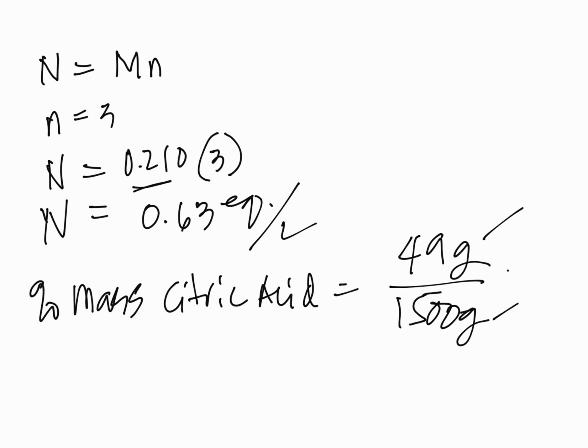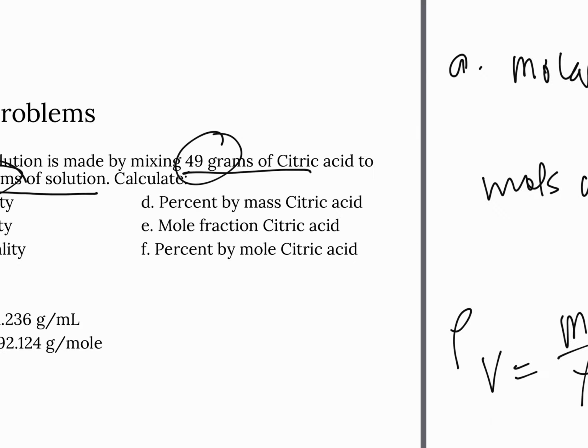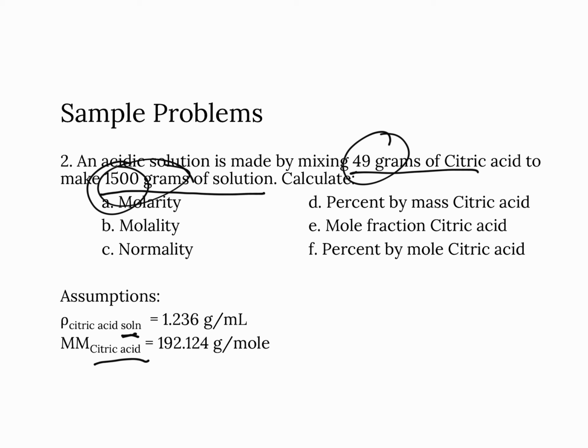This is solute, this is solution, then multiply by 100. So 49 divided by 1,500 times 100 is 3.267%.